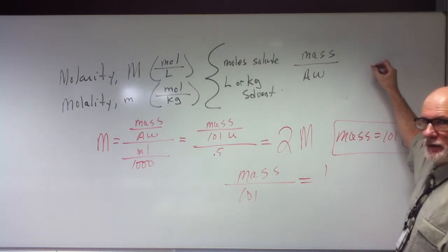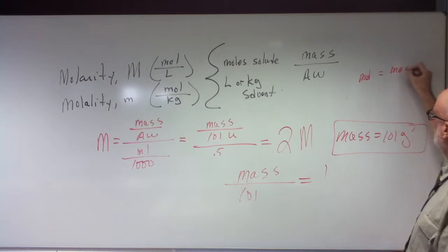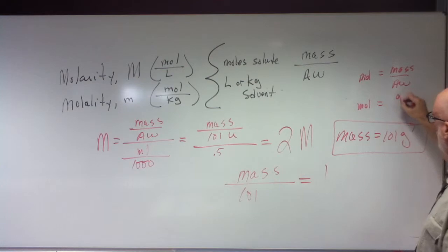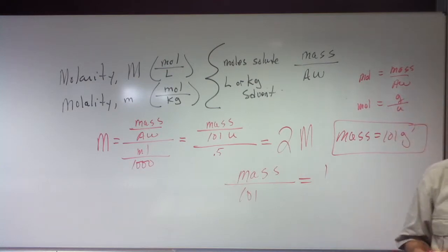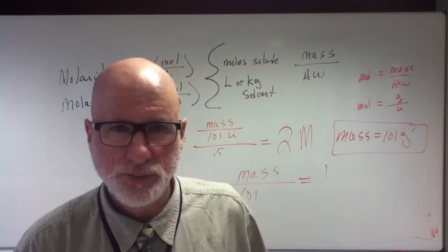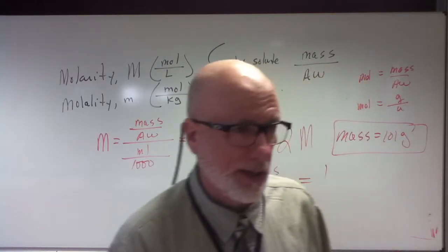The way I do it, a mole equals mass over atomic weight. So the mole would equal grams over, it's not a mu, it's a u, atomic mass units, right? Okay, all right, so that's molarity.